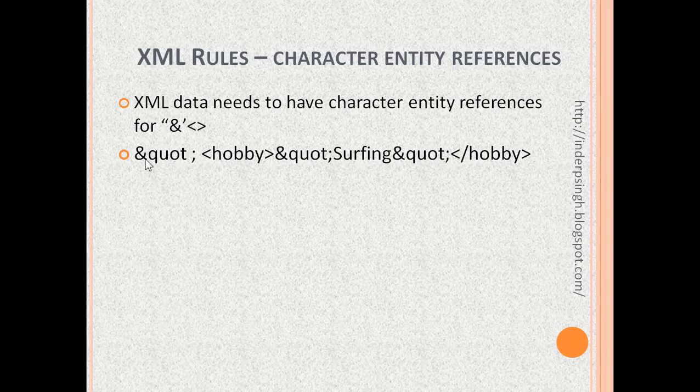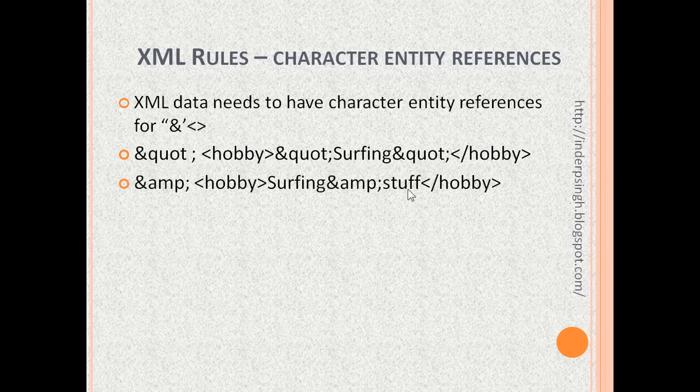Instead of just writing the double quote, we have to give the entity reference, which is ampersand followed by some symbols. In the case of a double quote, it is QUOT and ending with a semicolon. So here, for example, we want to include the XML value surfing within double quotes. So we have to give one double quote entity reference in the beginning and one at the end.